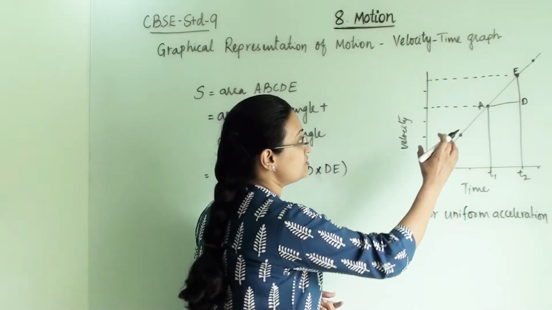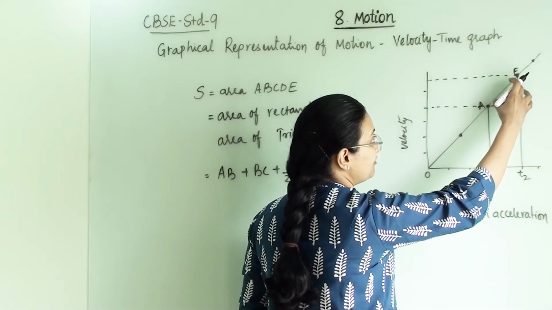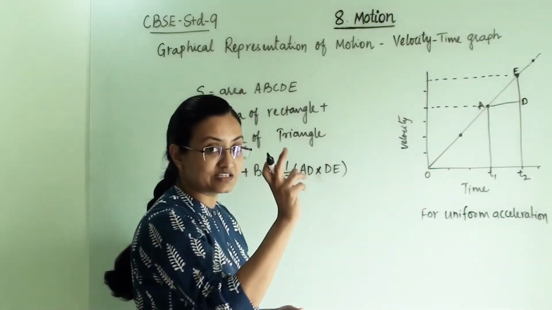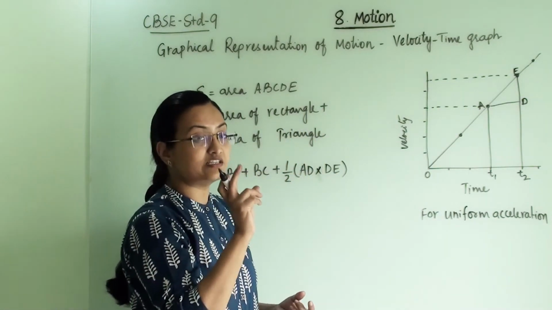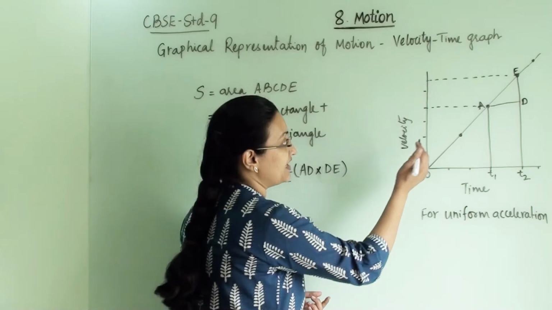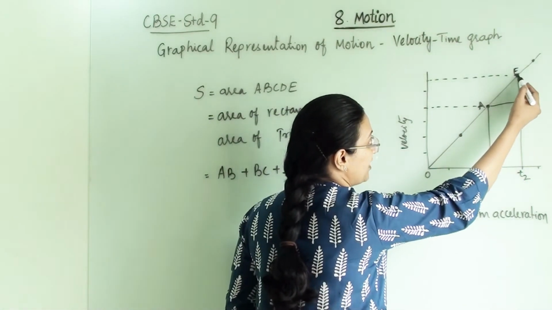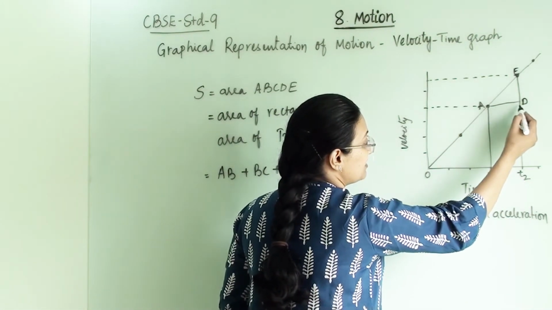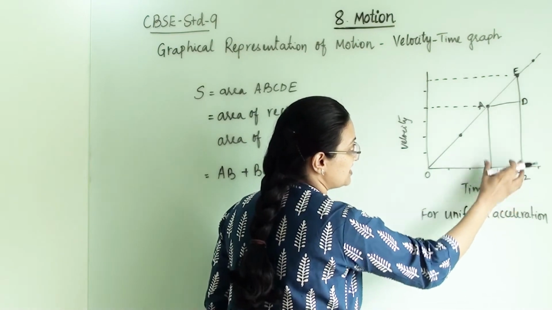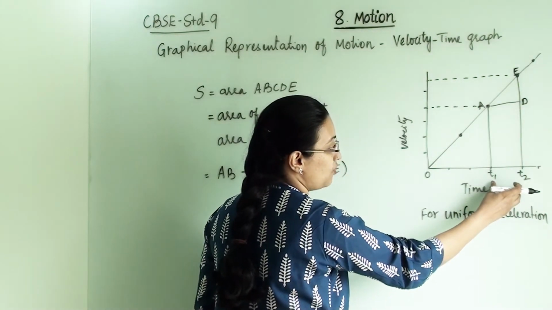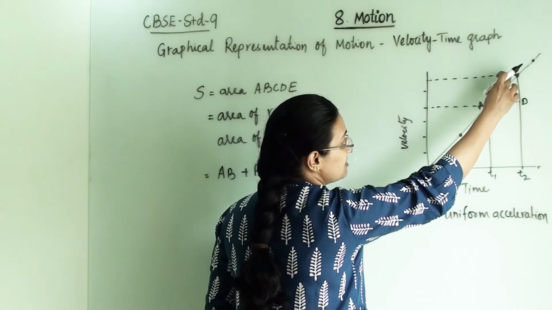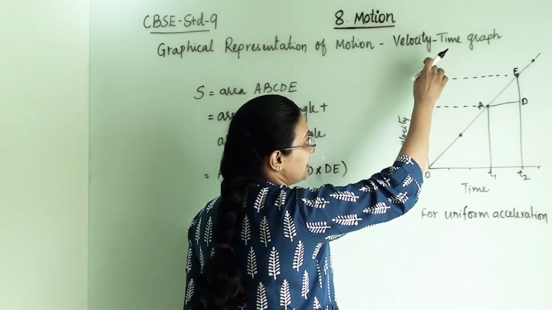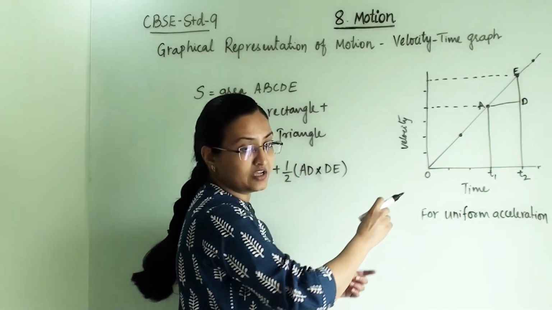Now for this much interval of the travel we want to find out how much distance it has covered. So we have taken here point A to point E. Let us make a triangle here. These two lines we have extended on the timeline, and these two points we have extended on the velocity axis.